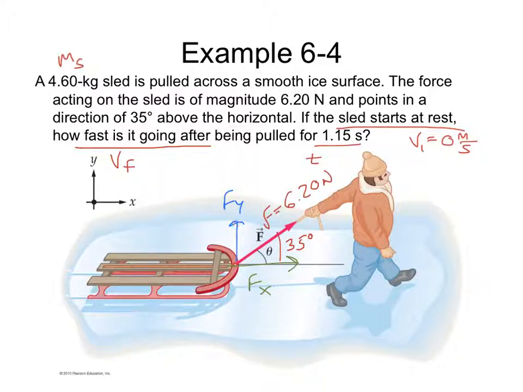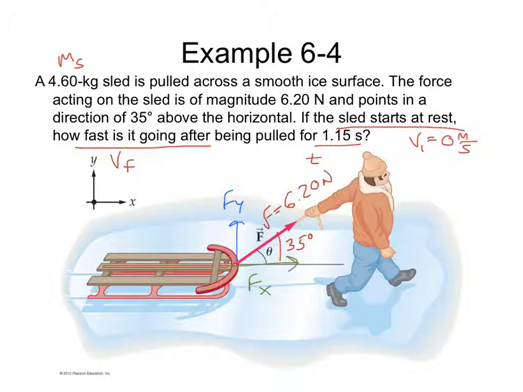What the y force is doing is actually serving to make the sled slightly lighter, right? It's making it less heavy, you might say, or give it less of a weight force, but we don't care about that. It's not coming up off the ice. Really, only this force right here, that force in the x direction, is the one that is moving it forward. Force in the y is not at all.